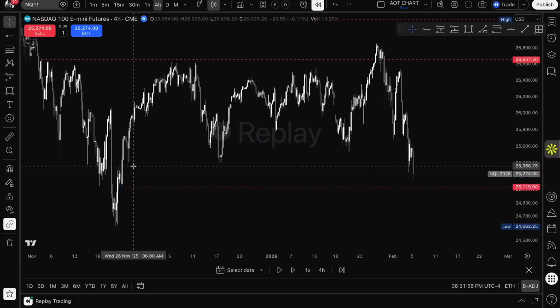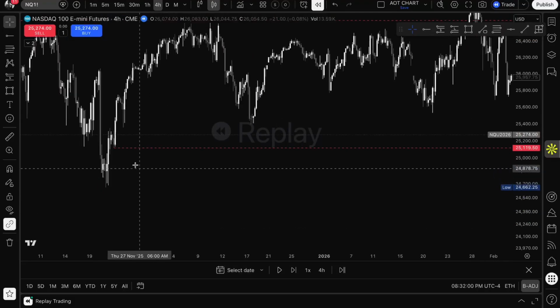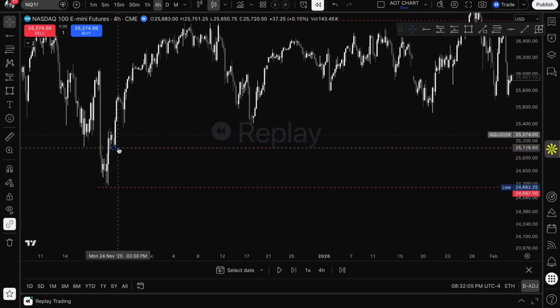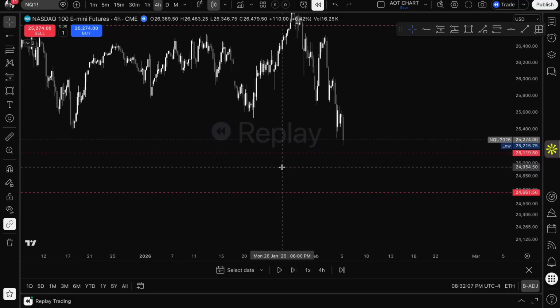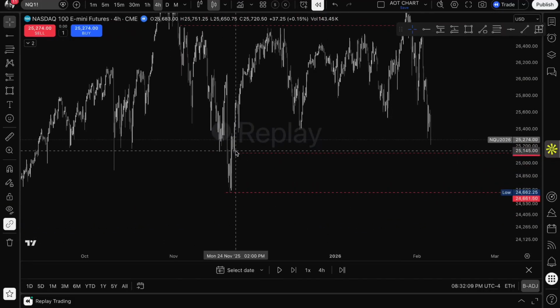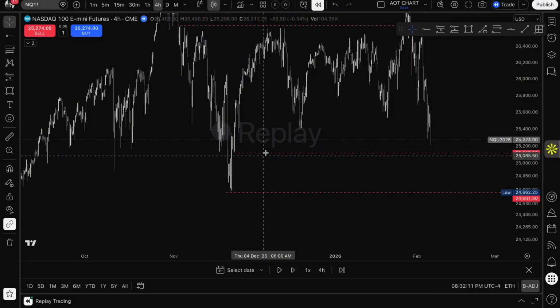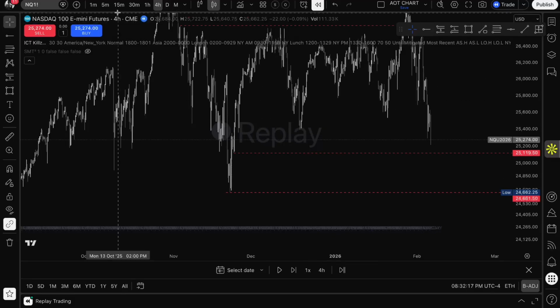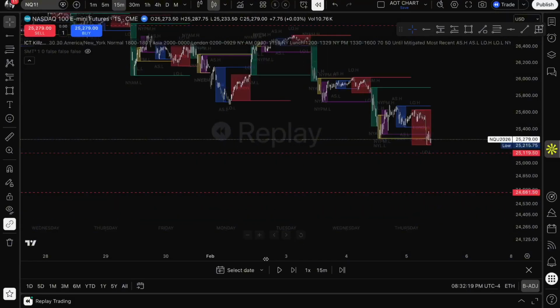I see that we've got lows right here that we could take, on the higher time frame. This first line that I marked up is probably our closest higher time frame draw on liquidity, and then we also have session highs and lows, I'm sure. So let's go to the 15-minute.